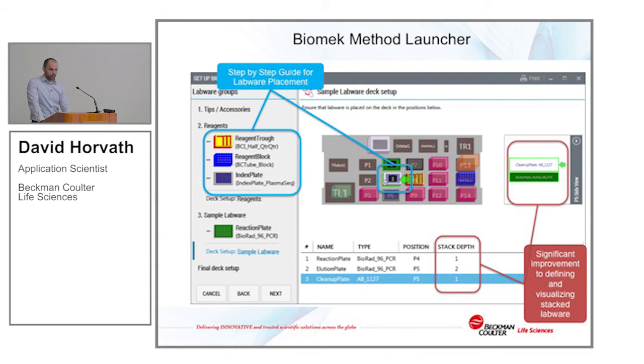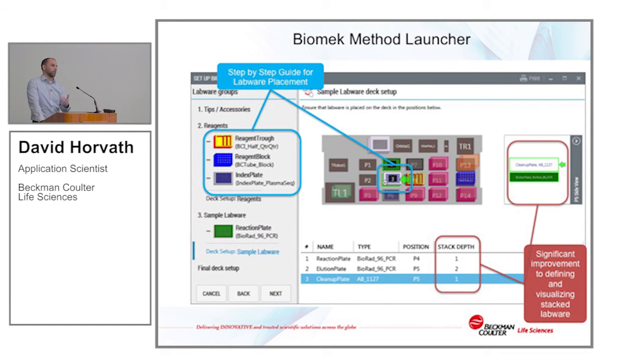In addition, it's going to have a higher resolution and clarity around stacked labware. In the circled box here, there's actually a stack of plates, and you can see that represented in the table with the stack depth number, and also over here to the right, any position that's clicked on this deck view will have a profile view of the stack of labware.